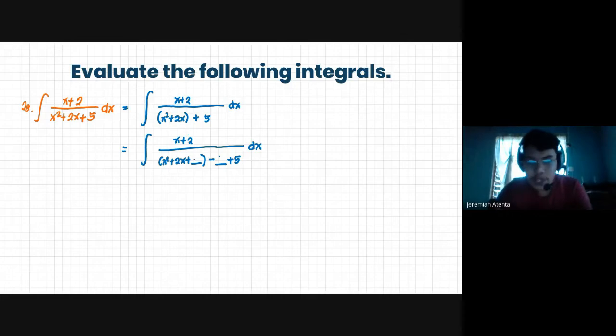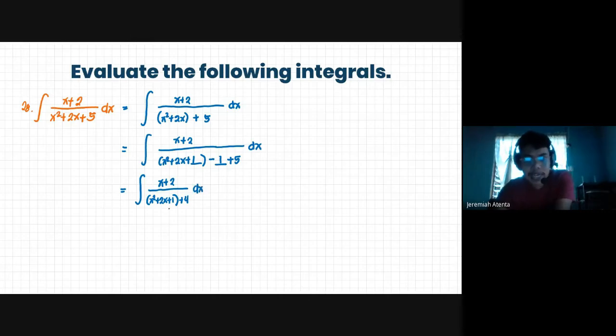1 and negative 1. Very good. So we will add 1 minus 1. Okay? So from that, this will become the integral of x plus 2 over x squared plus 2x plus 1 minus 1 plus 5, which is just positive 4, dx.